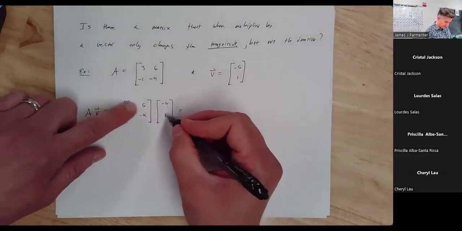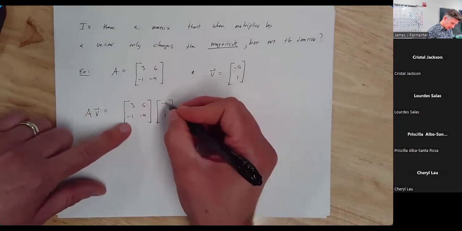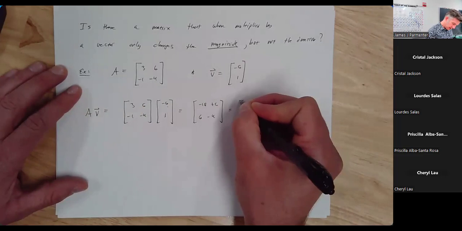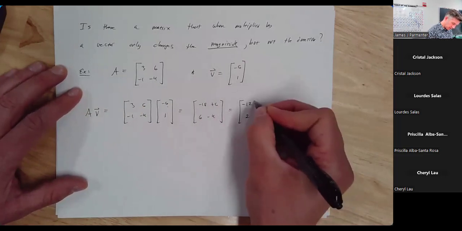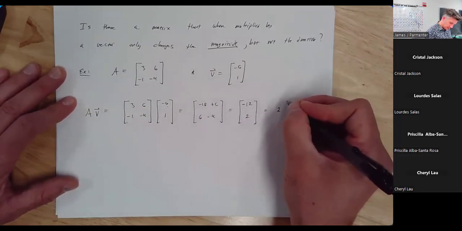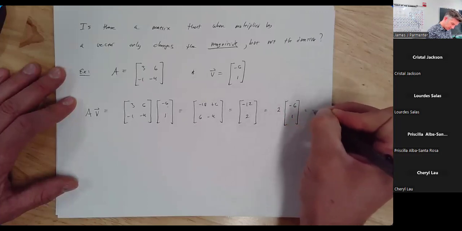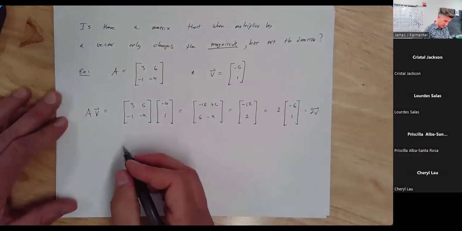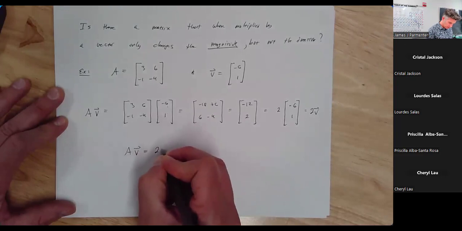You see -18 plus 6 and +6 minus 4 is equal to the vector -12, 2, which is exactly twice the vector we started off with. So what we have here is that A times our vector is equal to 2 times our vector.